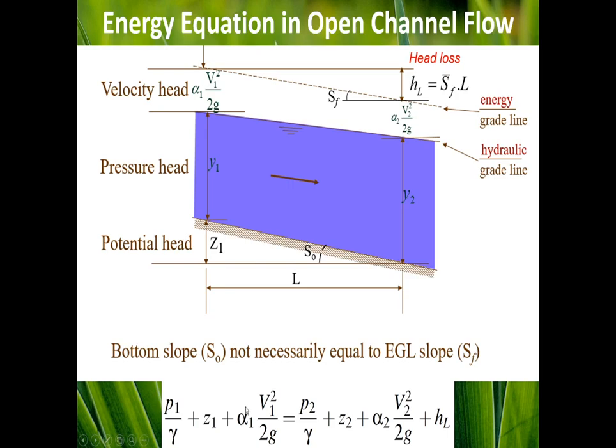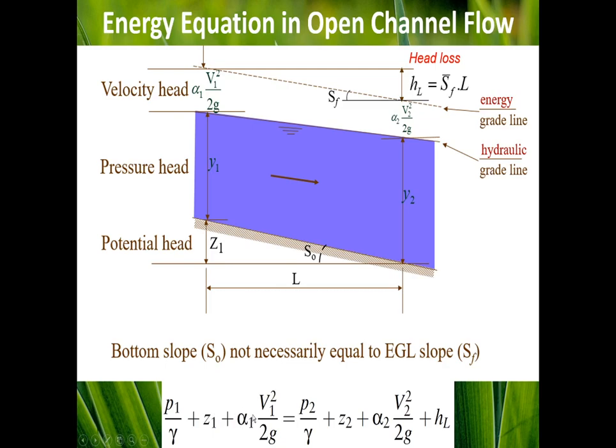And here alpha is called kinetic energy correction factor, which is the ratio of the kinetic energy based on actual velocity over the kinetic energy based on the average velocity.